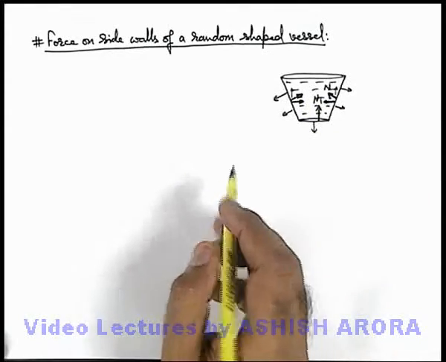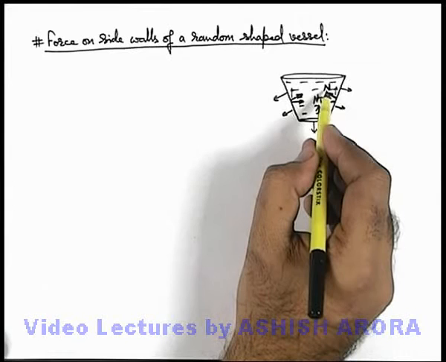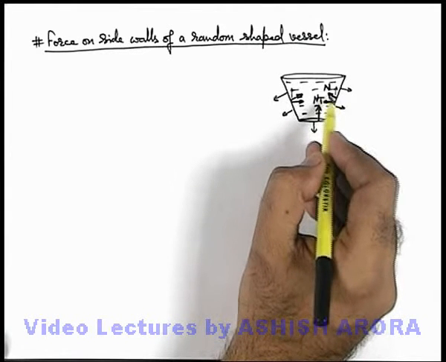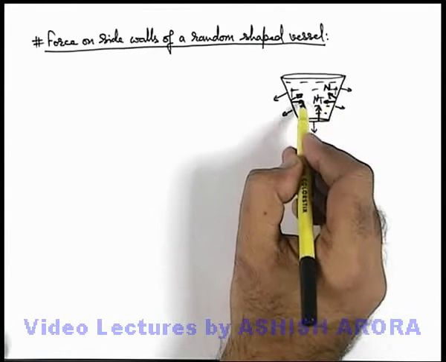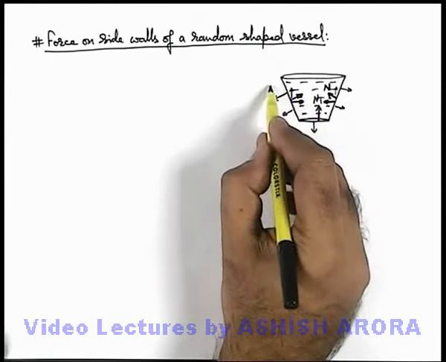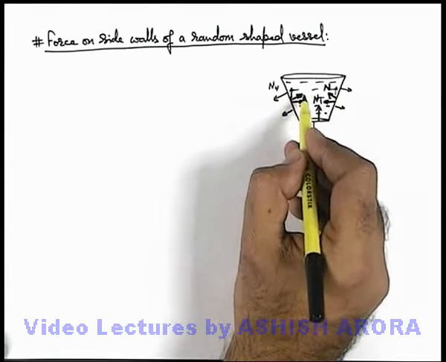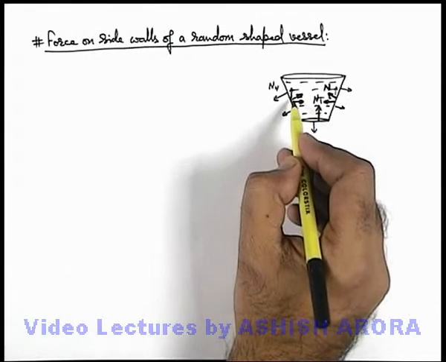Say we are required to find this N, which is the force exerted by the side walls. For this N, the horizontal component will get cancelled out and the only component exerting force on the liquid is NV, the vertical component of the force applied by the side walls on the fluid.